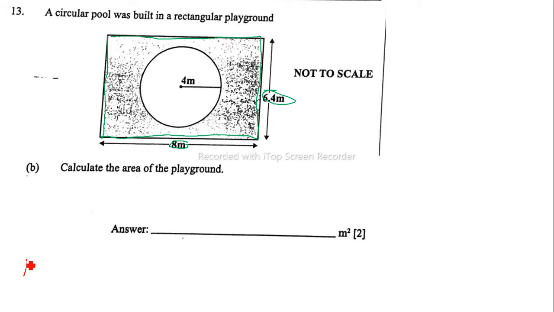So the area of a rectangle is what? What's the formula for the area of a rectangle? Length times width.